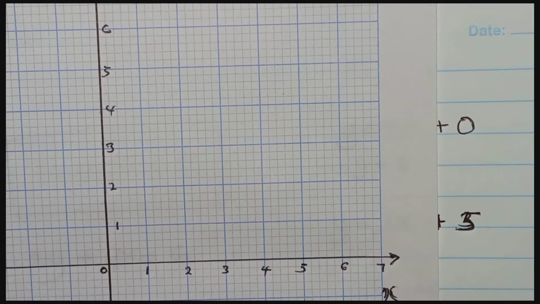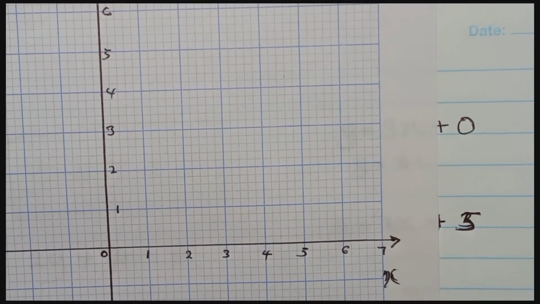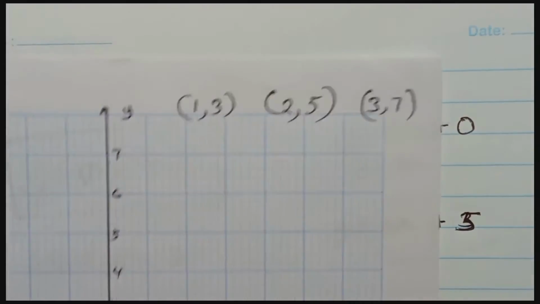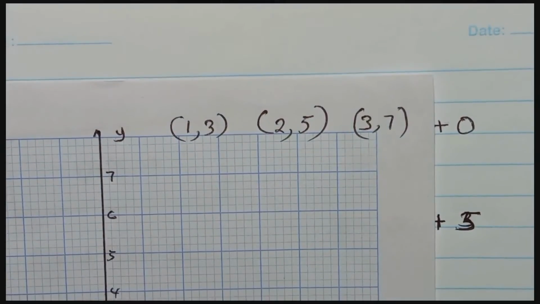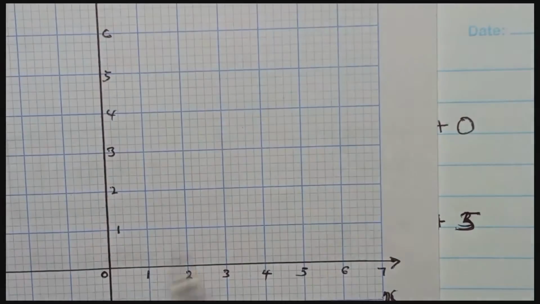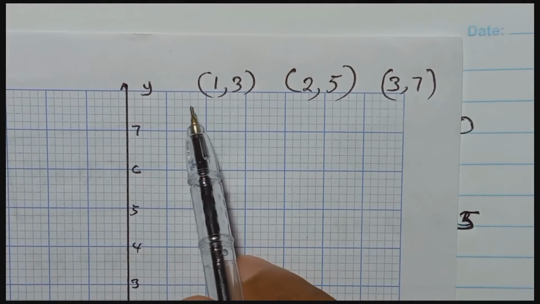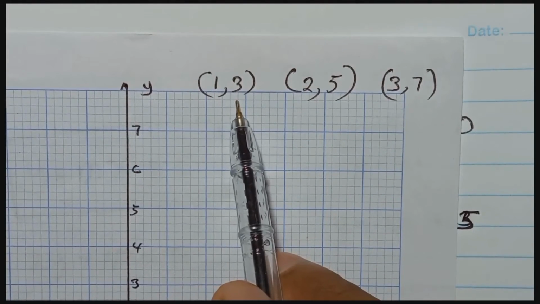Now if you need to draw the graph, you have here the Cartesian plane. This is the grid. Now you need to mark these coordinates on this Cartesian plane. First one is 1, 3: x value is 1, y value is 3.